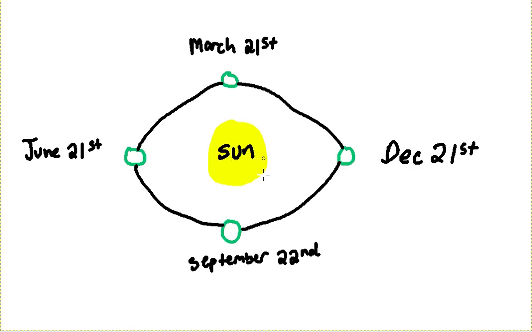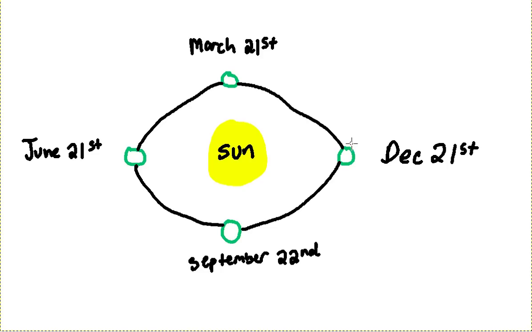But let's talk about what causes the seasons. So, the Earth's rotational plane, meaning I guess you could think about the equator, is not exactly in line with its revolutionary plane. There's a tilt. There's a 23.5 degree difference between the orbital plane and the rotational plane.